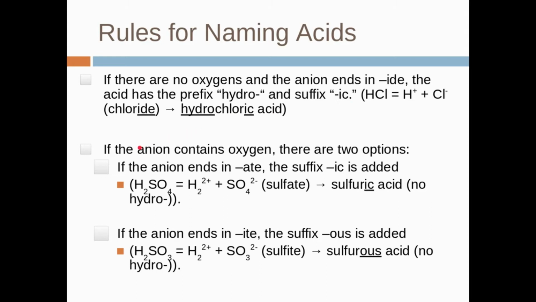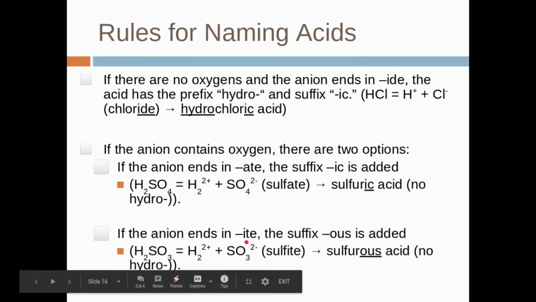If the anion does contain oxygen, then there's 2 possibilities, and that depends on the ending of the name of the anion. So in this case, in order for it to contain oxygen, it must be a polyatomic ion. So if our polyatomic ion ends in ATE, we add IC at the end, but we do not put hydro at the beginning.